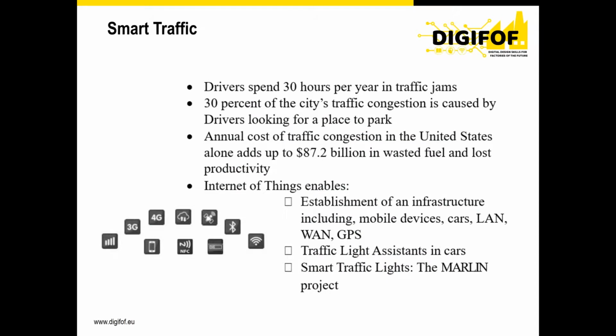So to achieve a good smart city, we need to resolve some problems. The first big problem is traffic, because all of us spend a lot of time in traffic jams. How can we resolve this with IoT and with modeling languages?